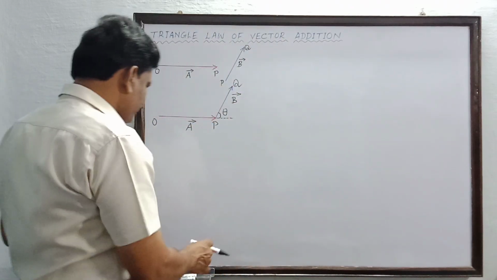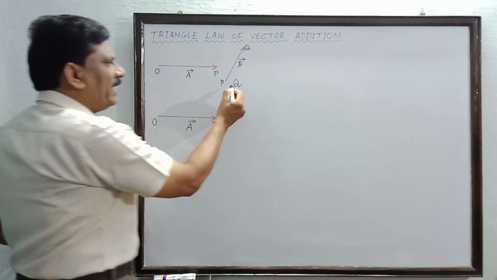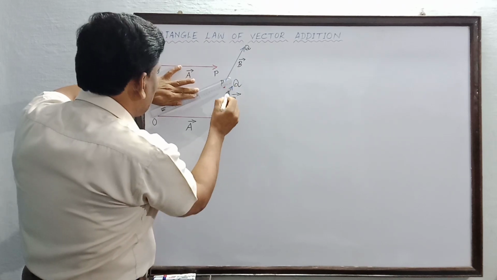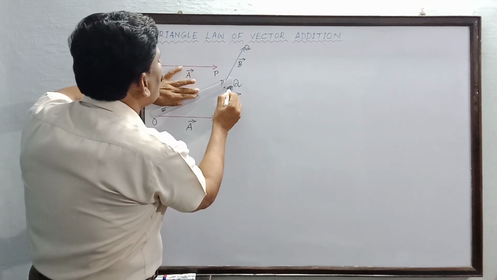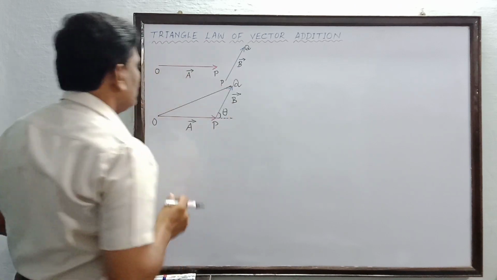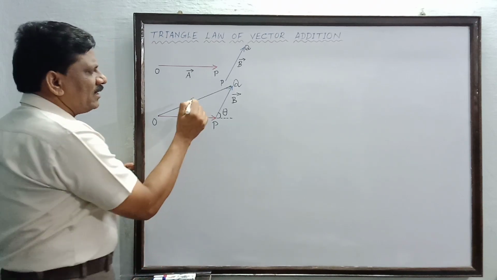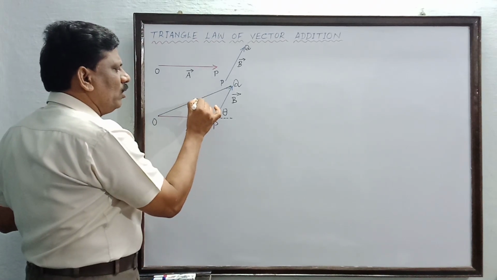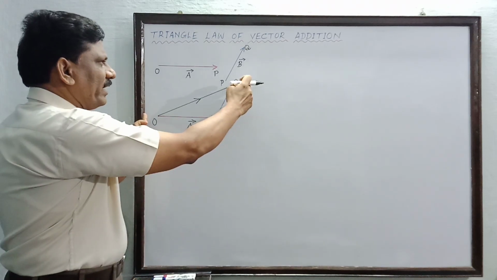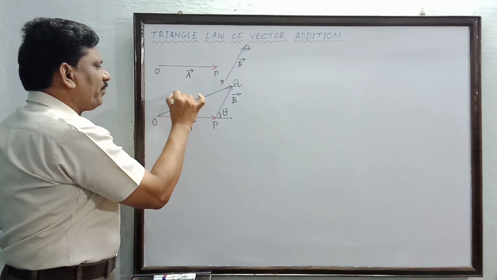Now I will join the tail of vector A with the head of vector B, that is, I am going to join the points O and Q. O and Q are joined like this. After joining, the direction is taken from O towards Q. That is, the vector OQ is represented by the resultant vector R.